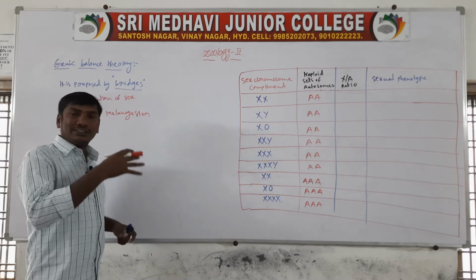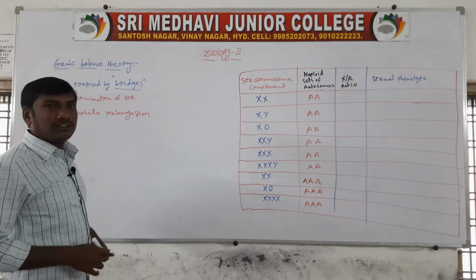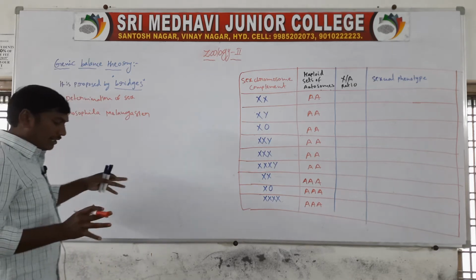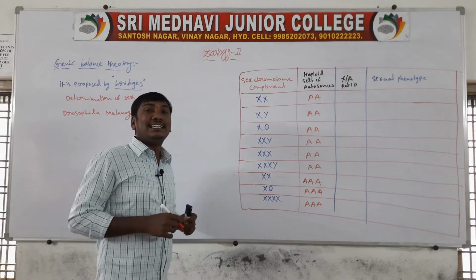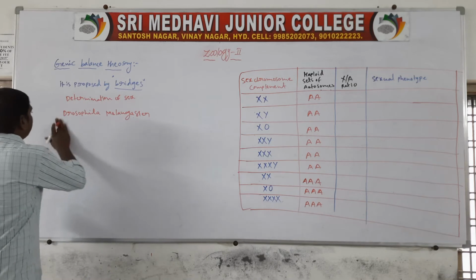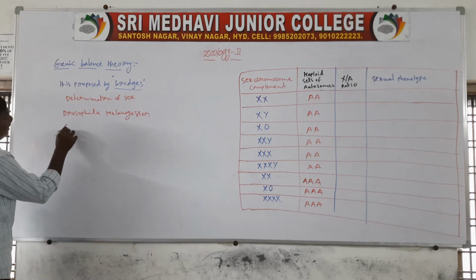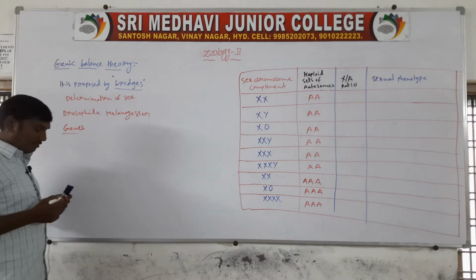According to his theory, the maleness and femaleness are determined by genes located on the chromosomes.